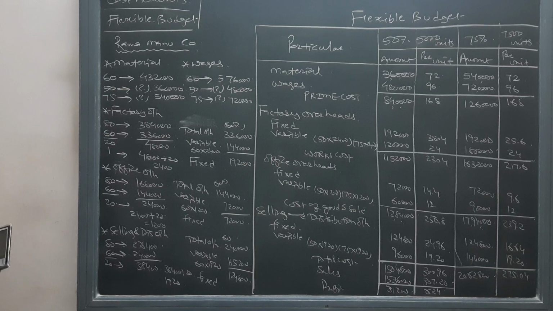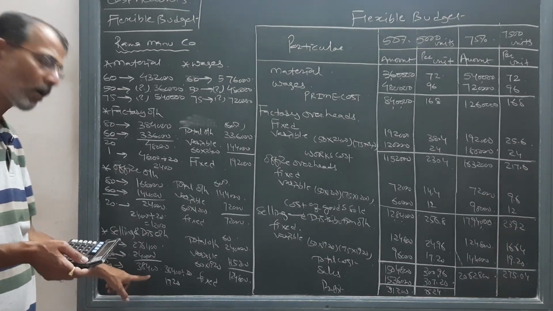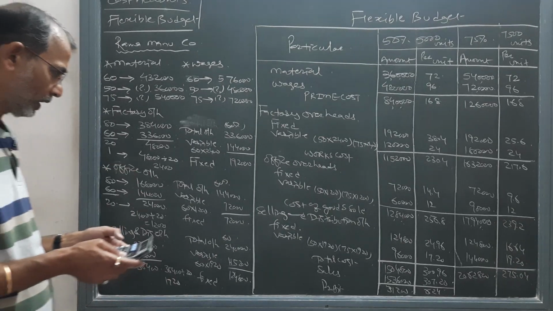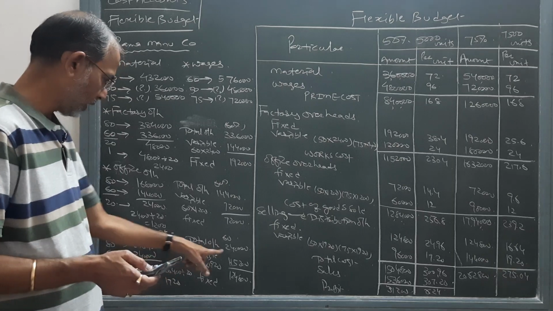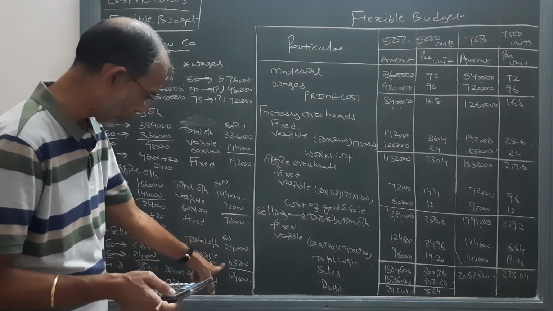Last, it is selling and distribution overheads. For 20% difference, amount is 38,400. That means for every 1% it is 1920. And total overheads at 60% are 240, variable 1,15,200.